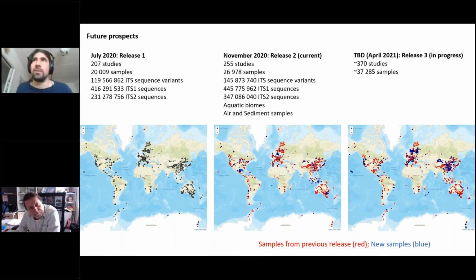Yeah, I had some break in the connection, but probably I got it. The question was whether there are only environmental samples, or whether we also included, for example, samples from human bodies.